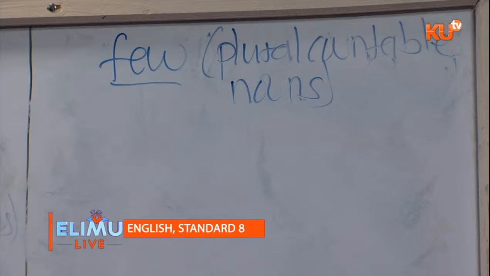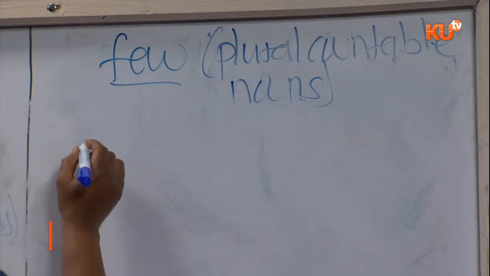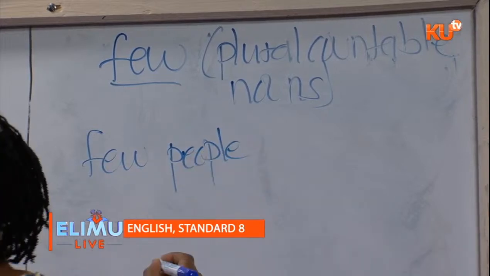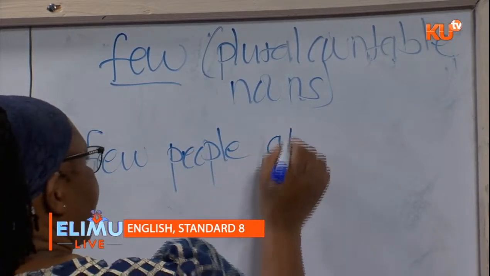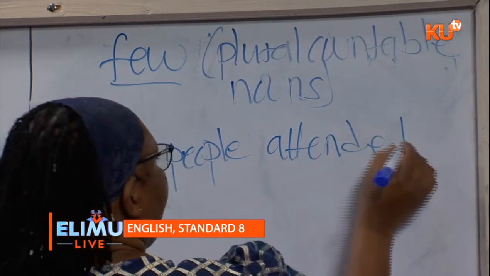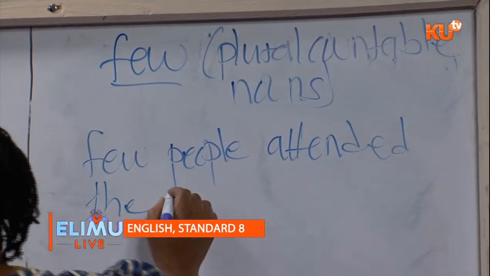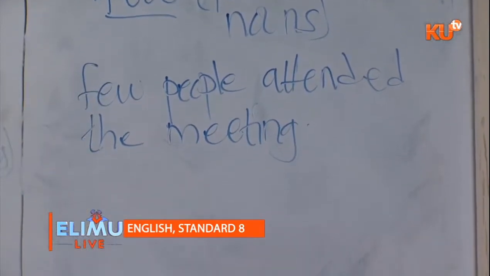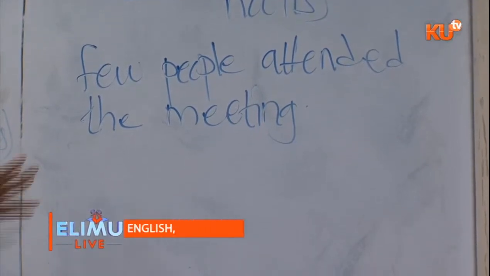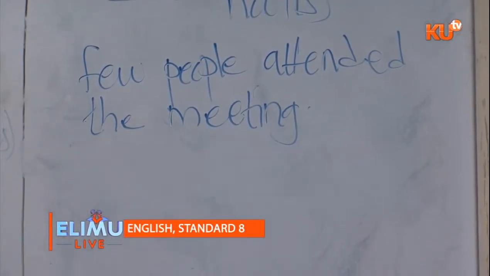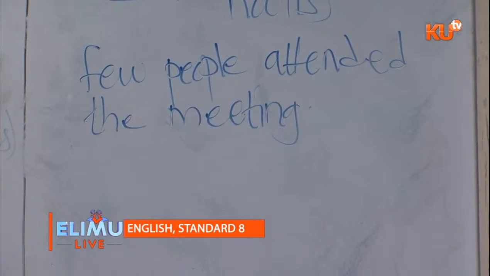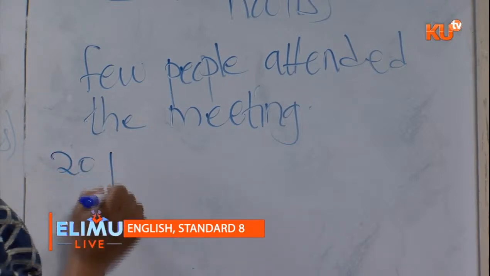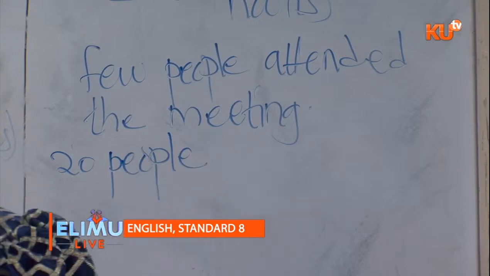Now, the difference is that when you say few people, let's take the first example. Few people attended the meeting. It means that fewer people than the number you expected attended the meeting. Let's assume that you are expecting 20 people to attend the meeting.